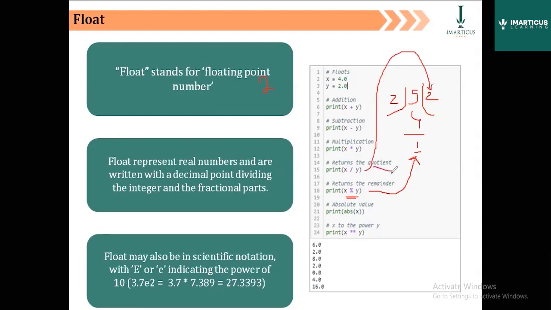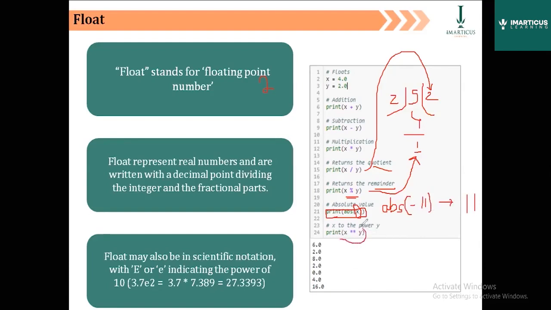One is the quotient division and the other one is the remainder division. And this is the absolute function. So whatever value you give over here as an argument, it is going to give you the absolute value of that element, right? Absolute value simply means if you write abs of minus 11, you will get 11.